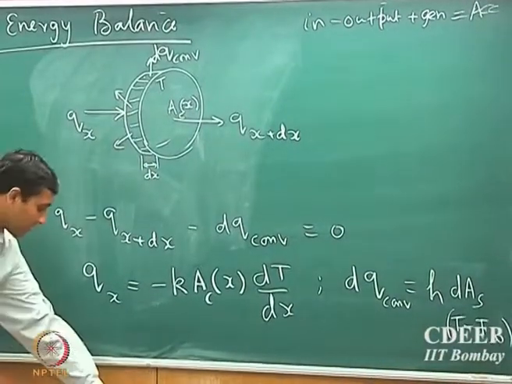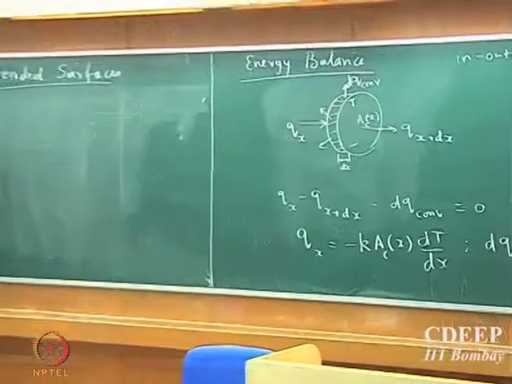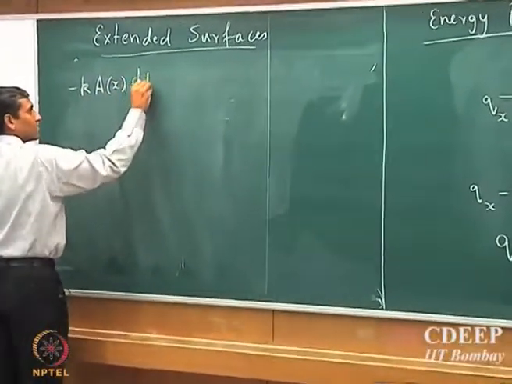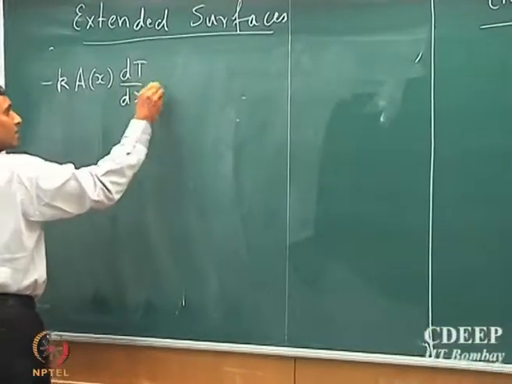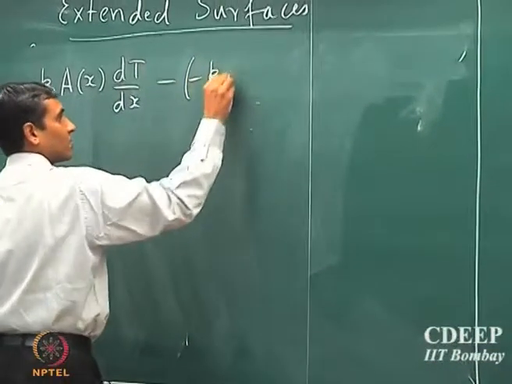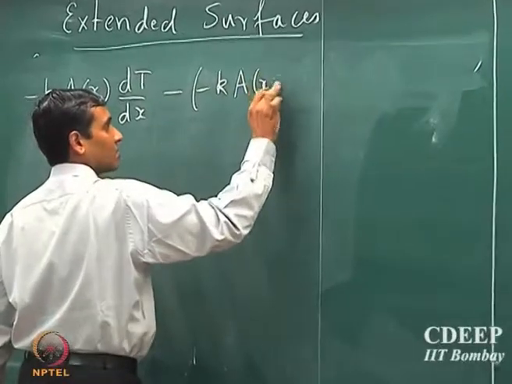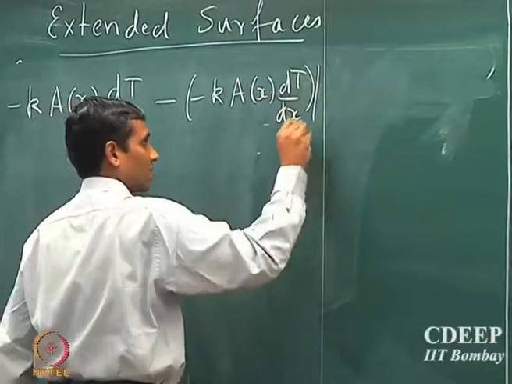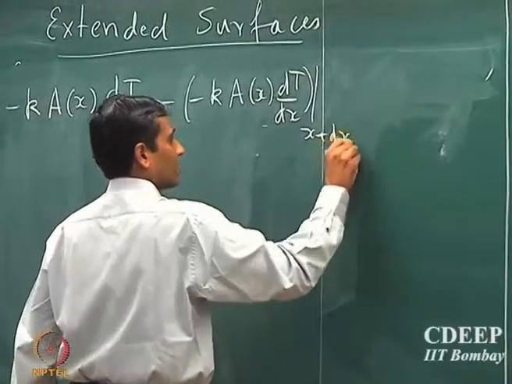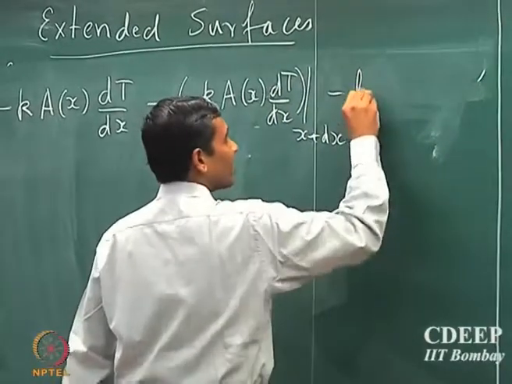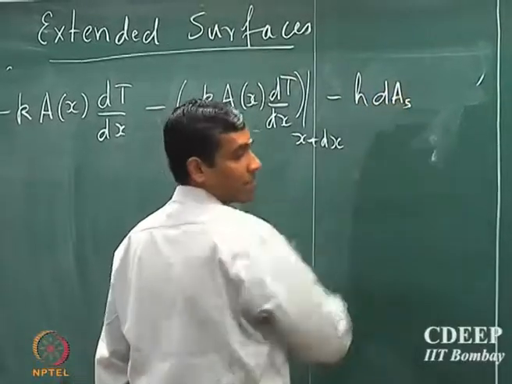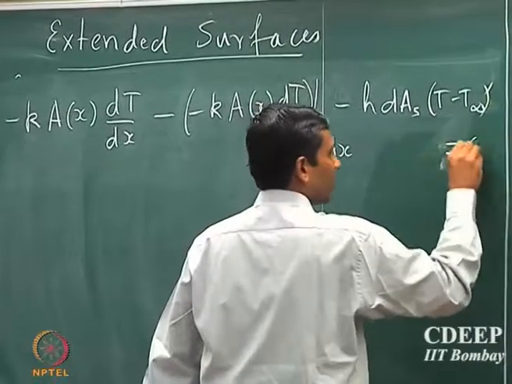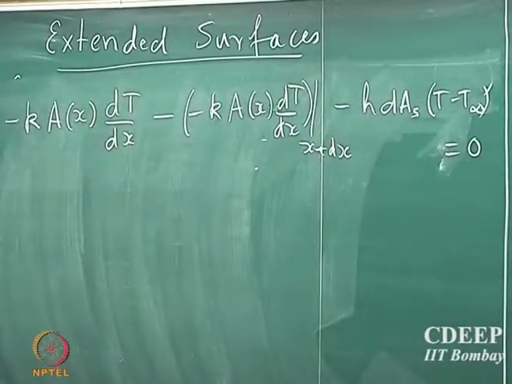So when we substitute all this, minus k, minus h dAs into T minus T infinity equal to 0.